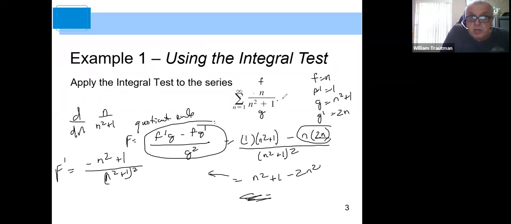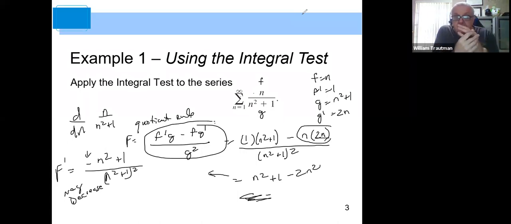No matter what number between 1 and infinity I plug in, I'm going to get a negative answer, which means the slope is negative, so the function is decreasing. So that's the second criterion. The first says the original function is positive.